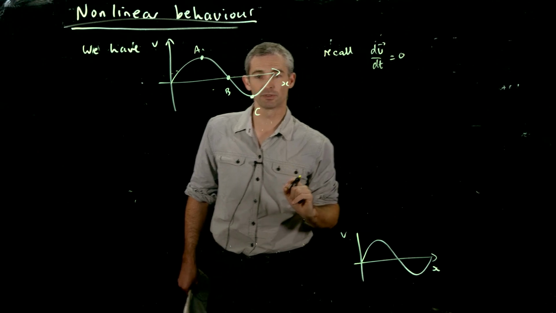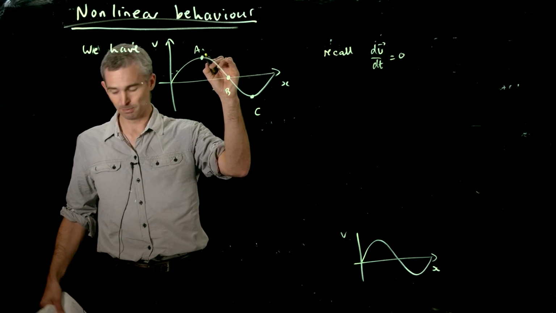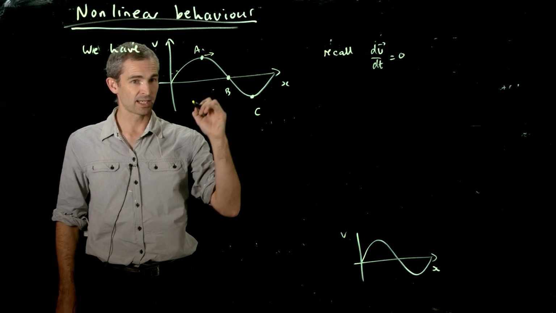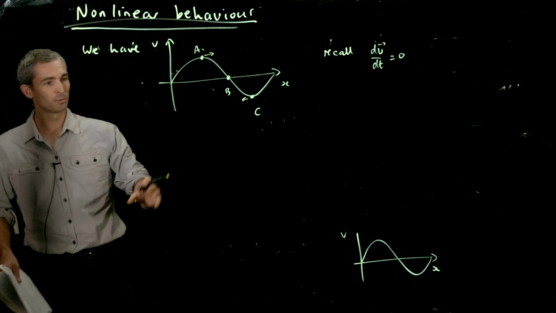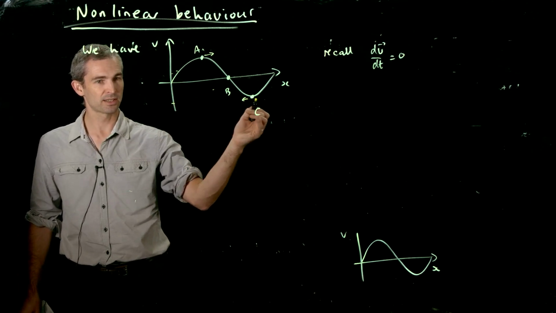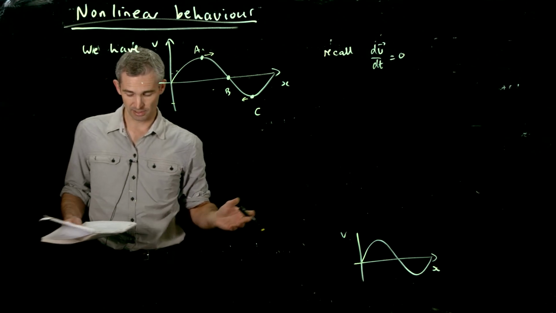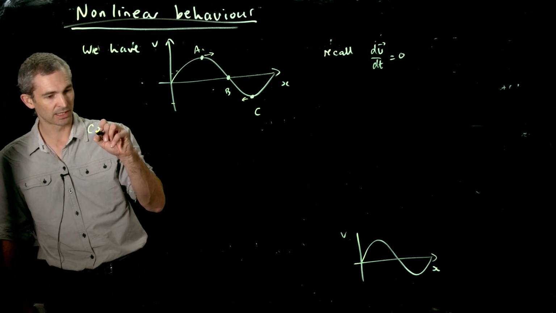So they each have a different velocity, but they all keep their initial velocity. So blob A will simply move to the right. Blob B will stay exactly where it is, and blob C will move to the left. But each of them will keep their initial velocity. So C has a negative velocity, A has a positive velocity, and B has 0 velocity, so it stays at rest. All right, so let's just write that down.